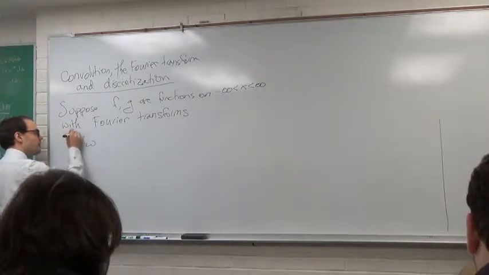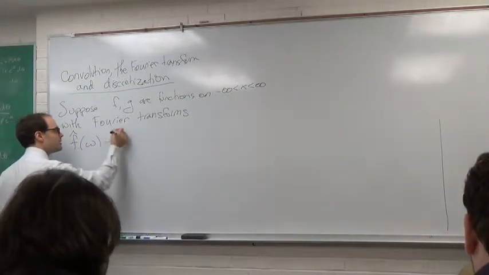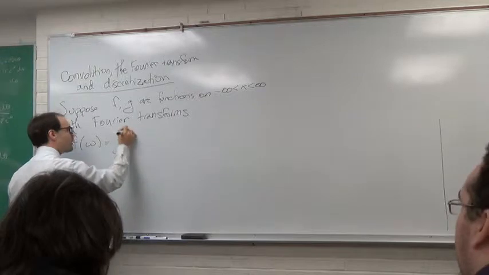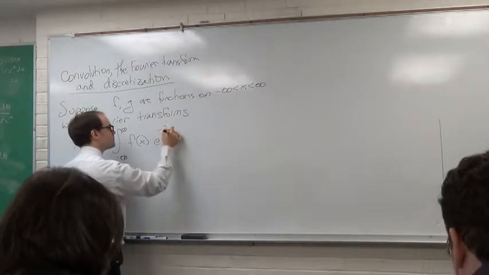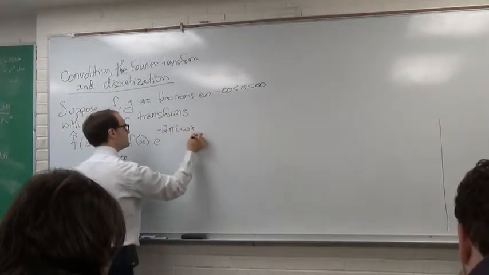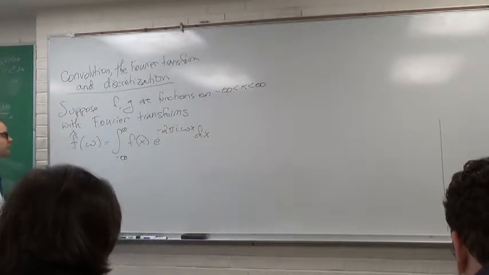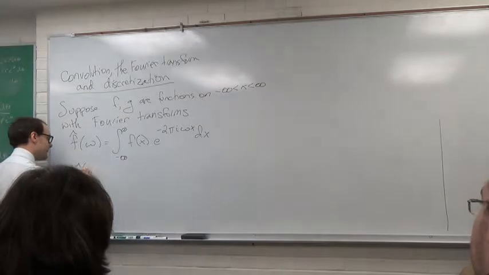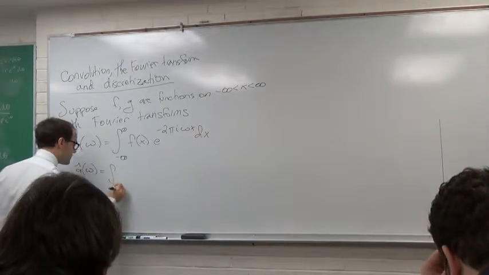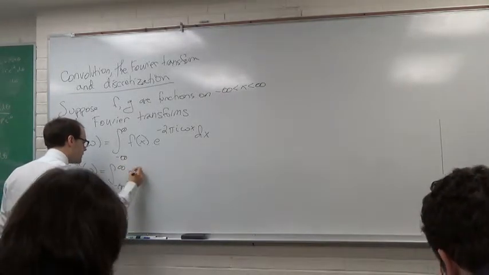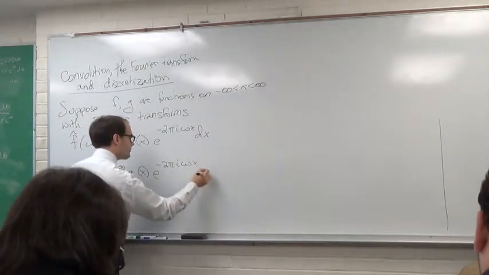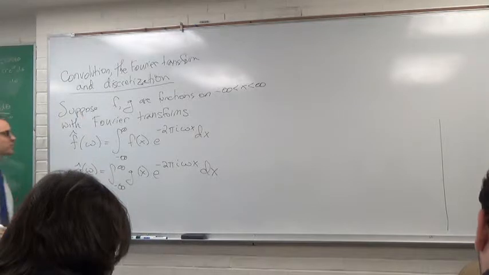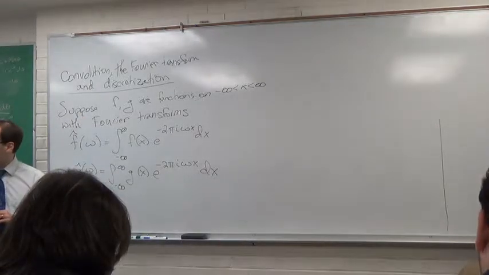F hat of omega is this. The Fourier transform of f, and the Fourier transform of g is given by the same kind of formula. So suppose we've got this situation going on.